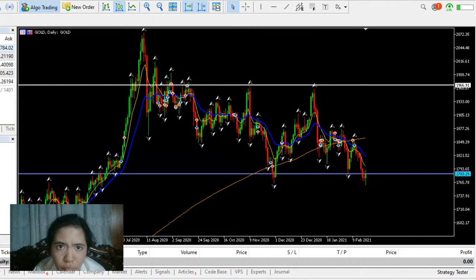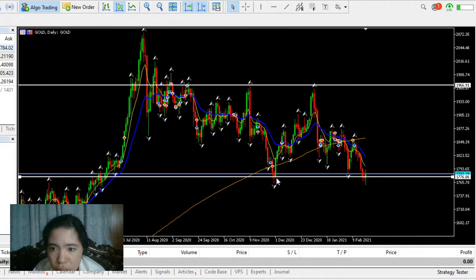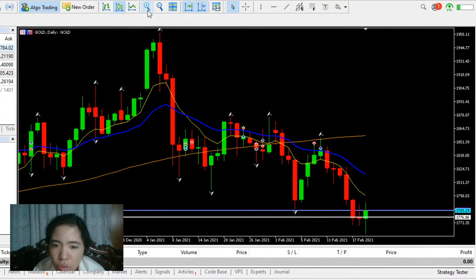So, let's put prices here. Currently, gold is trying to break this horizontal. Most probably it will retrace first before it retests again.